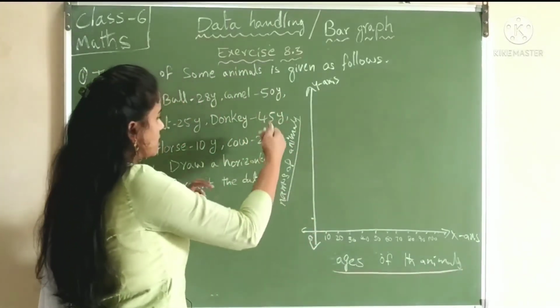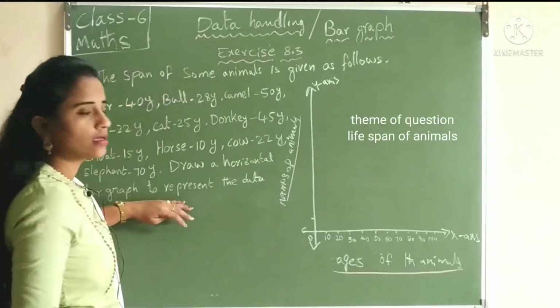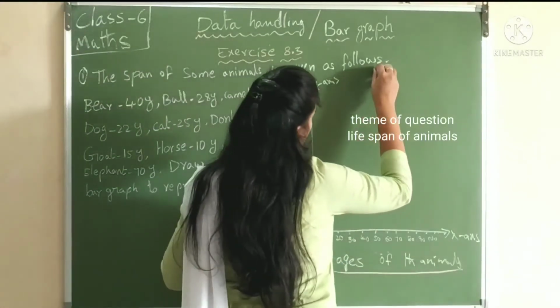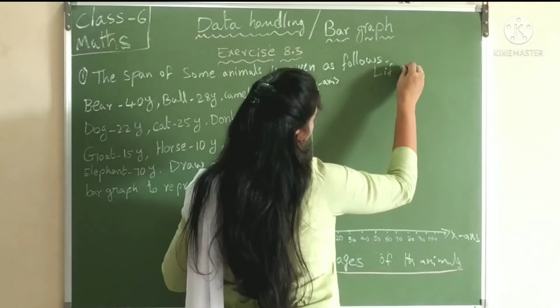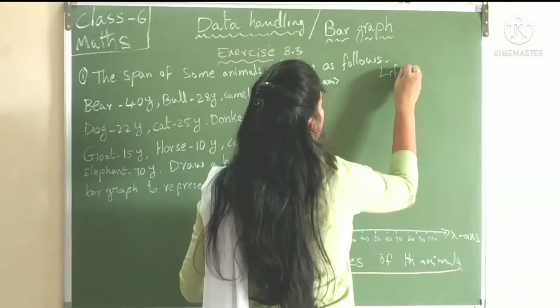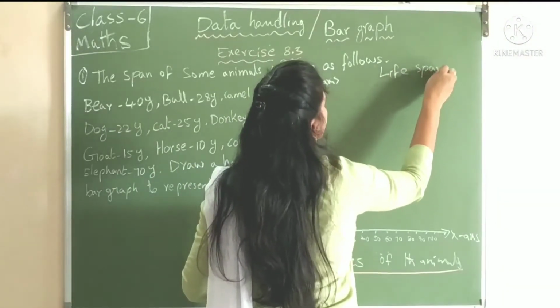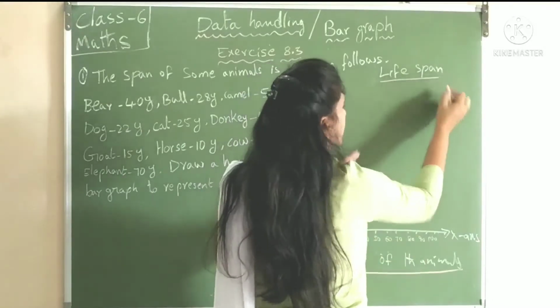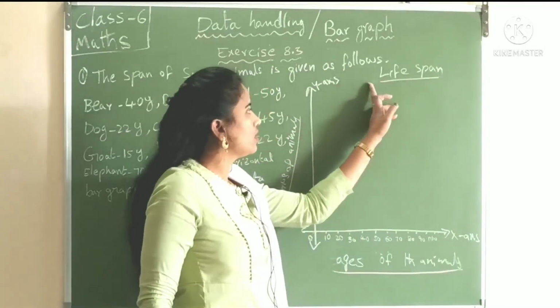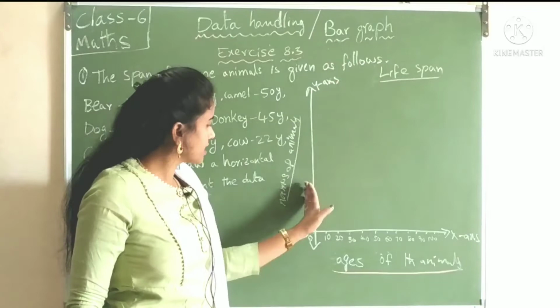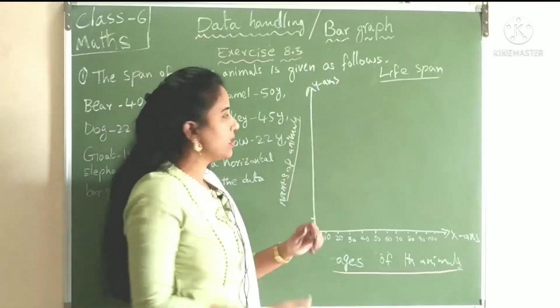What is the theme of the question here? Write lifespan of animals. You need to create a heading. So, lifespan, and on the y-axis names of the animals.